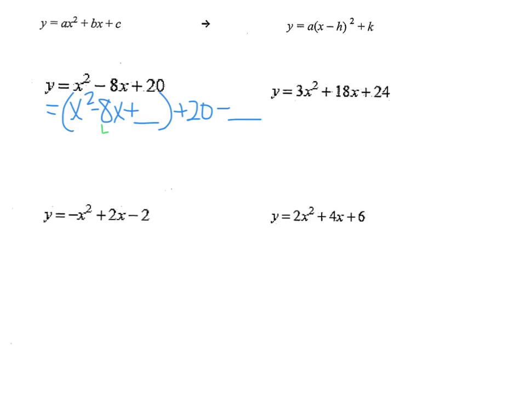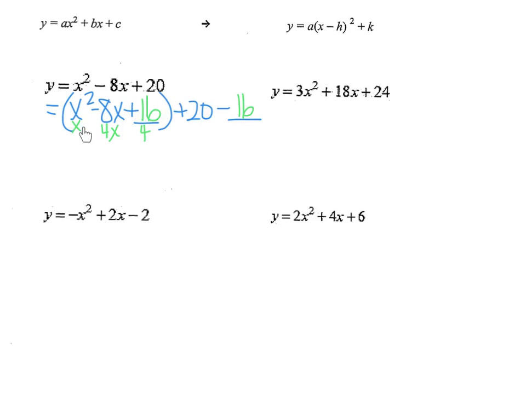Half of 8x is 4x. 4x comes from x times 4. 4 squared gives us 16. Whatever I add in has to be subtracted off. So I subtract 16.